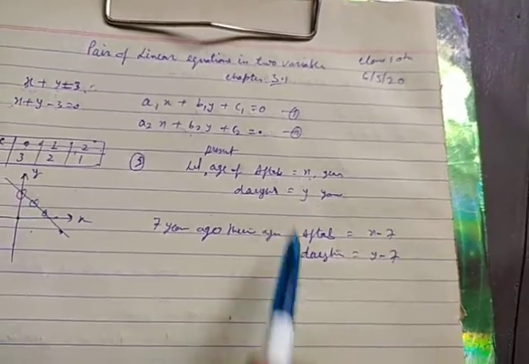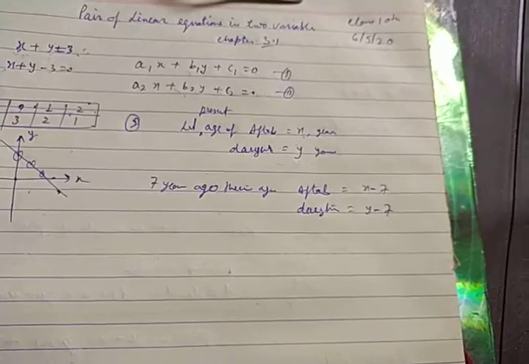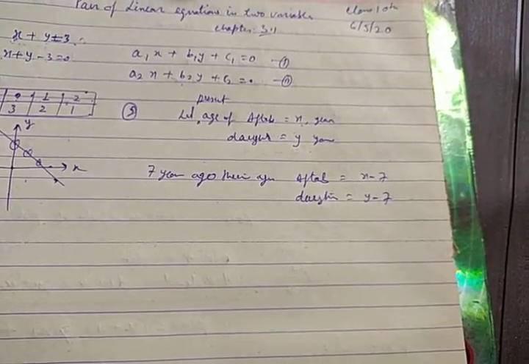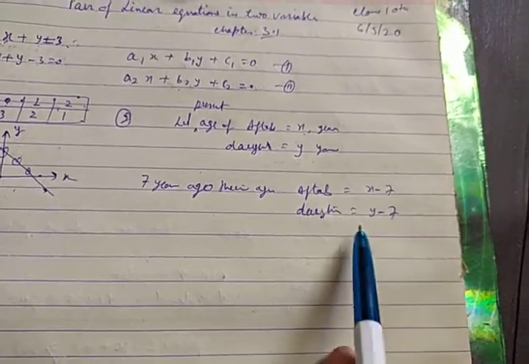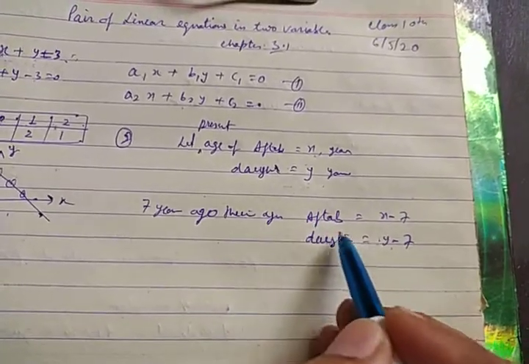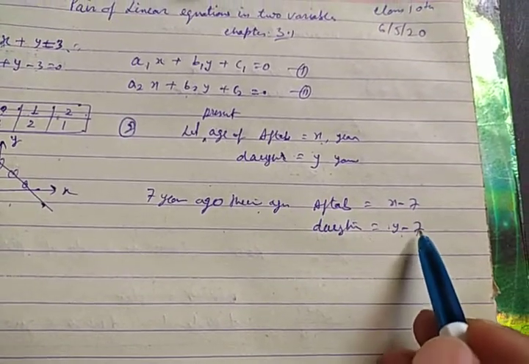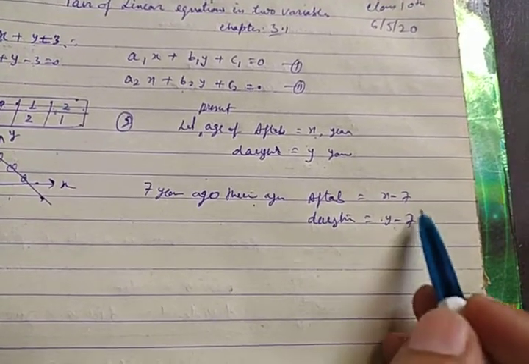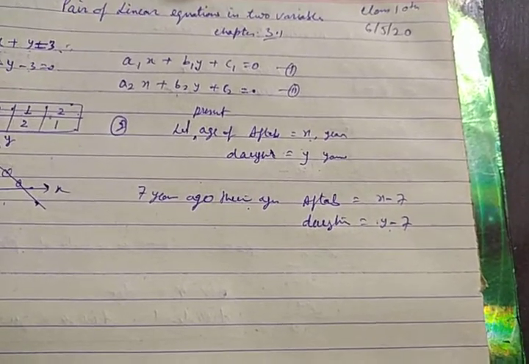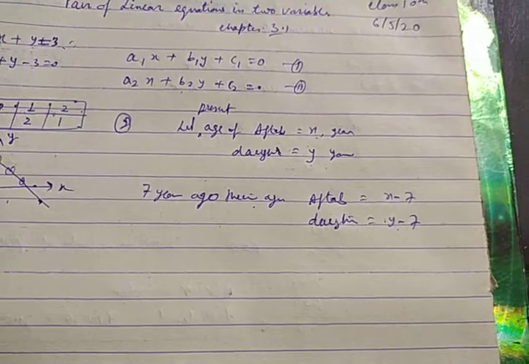Whatever the condition, suppose Aftab is 30 years now, so before 7 years he will be 30 minus 7. In the same manner, whatever the value of x and y, 7 years ago their ages will be obtained by subtracting 7 from their current ages. Now the condition is saying Aftab was 7 times as old as his daughter.